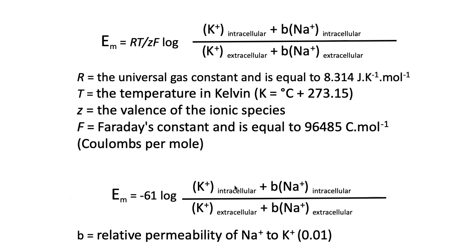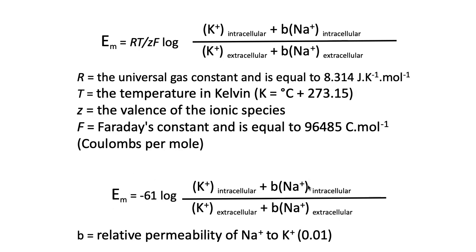Now, keep in mind, the things that drive the equilibrium potential would be the relative permeability of the species that we're looking at. And really the thing that's driving the show at resting state is potassium. So really the potassium terms, the concentration inside the cell and outside the cell, that's what's really going to drive our resting membrane potential.